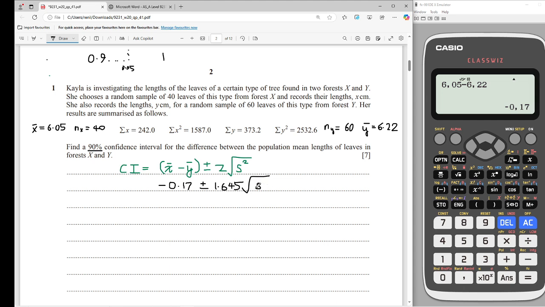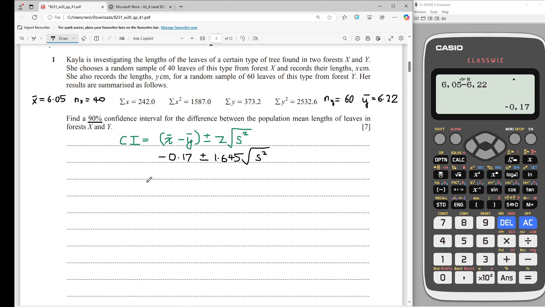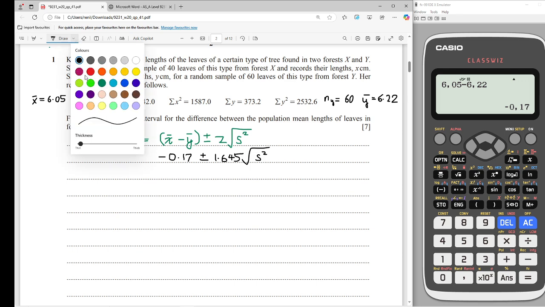What do we find as s squared? Well, this is where the calculation comes into play. To find s squared when we have a two sample test, first we have to find s squared of x.